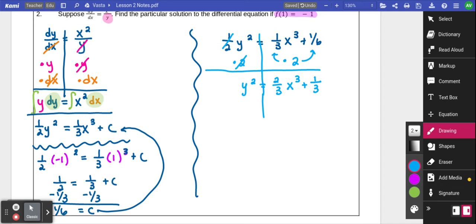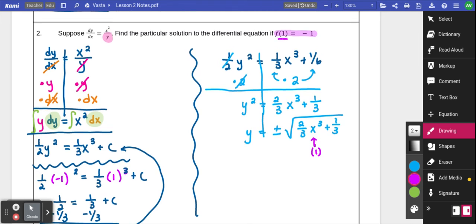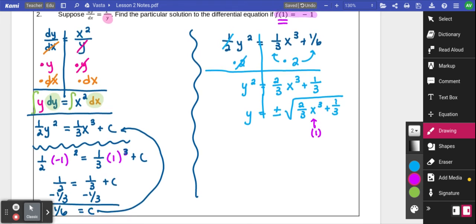Next, I'm going to square root both sides. The rule for square rooting is that square roots have 2 answers, plus or minus. So I would have plus or minus the square root of 2/3 x cubed plus 1/3. Now remember, we're not allowed to keep the plus or the minus in the final answer. So I'm going to plug in the number 1 from the initial value. 1 cubed is 1. 2/3 times 1 is 2/3. 2/3 plus 1/3 is 3/3.